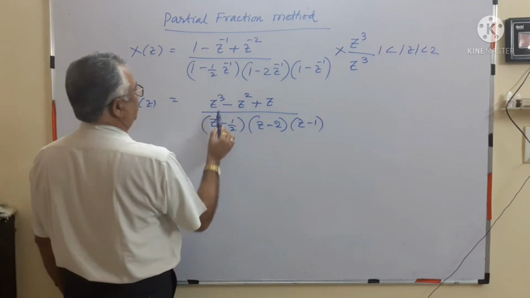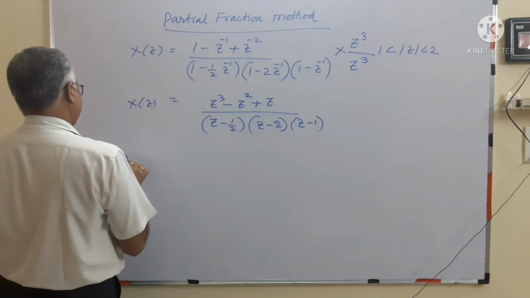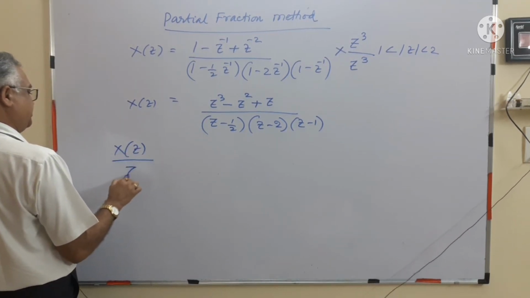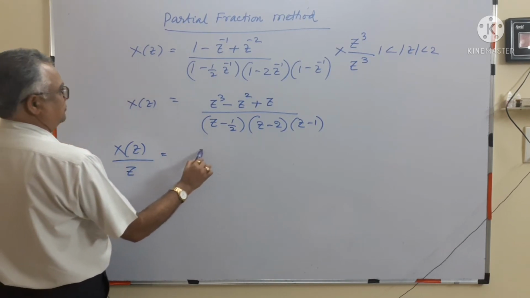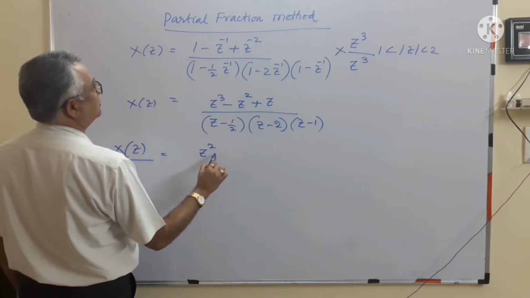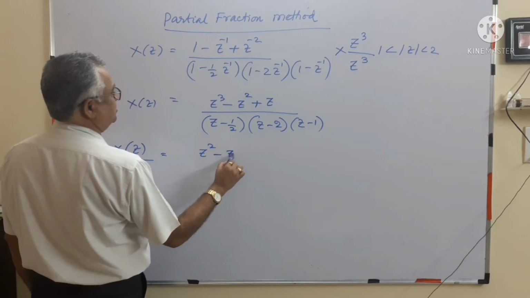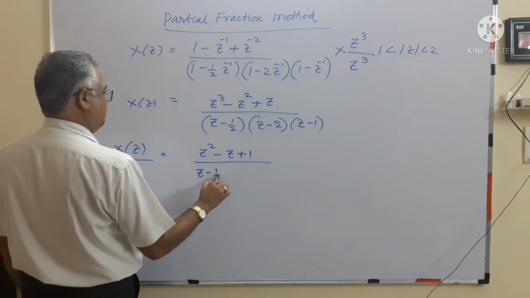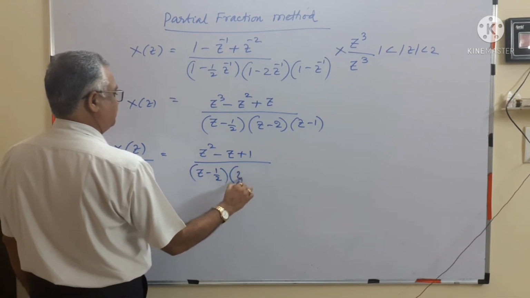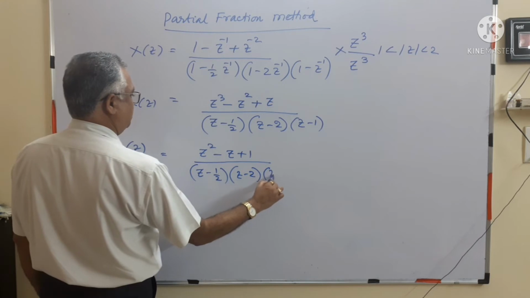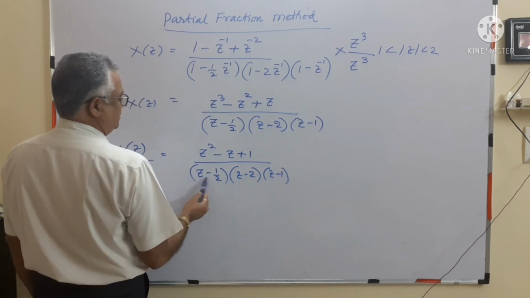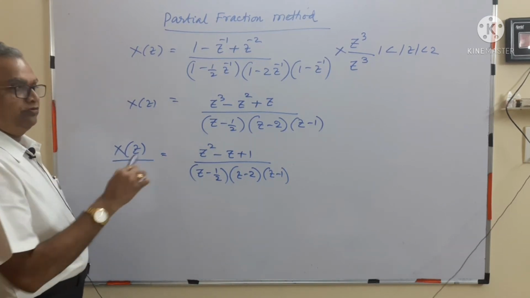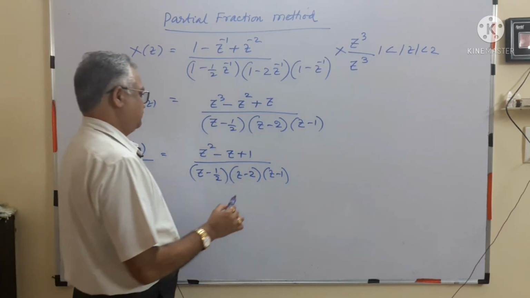Now this power is 3, this power is also 3. So this is another technique: x of z by z. Then z square minus z plus 1 by z minus 1 by 2, z minus 2, z minus 1. So the denominator power should be more than the numerator power. Then only we can use partial fractions.